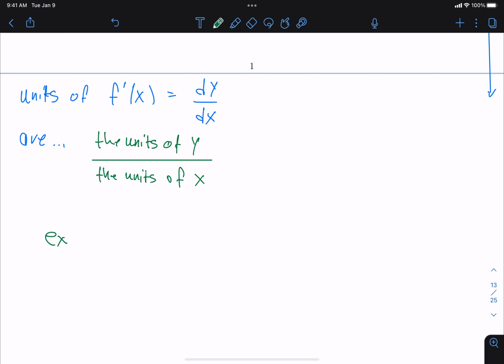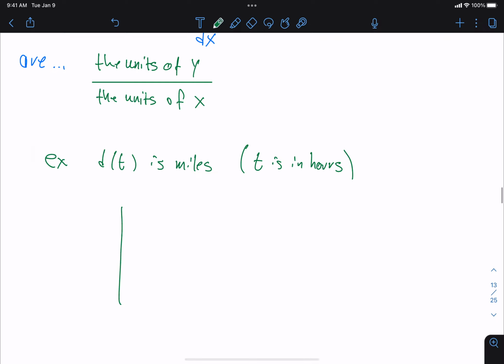For example, if d of t is miles and t is in hours, then I could make a graph of d of t. And let's say my trip looks something like this. This would be kind of realistic, right? Because what does it say?